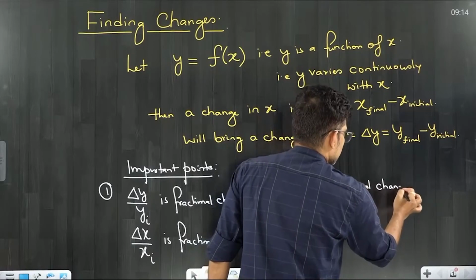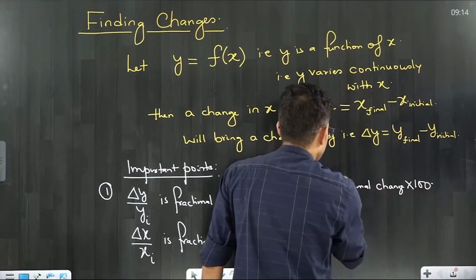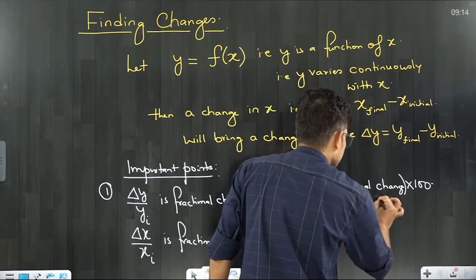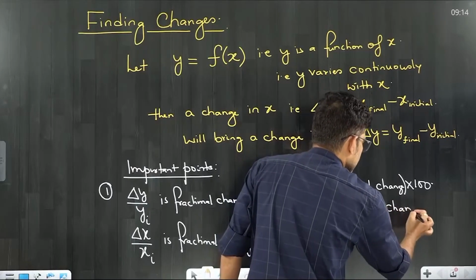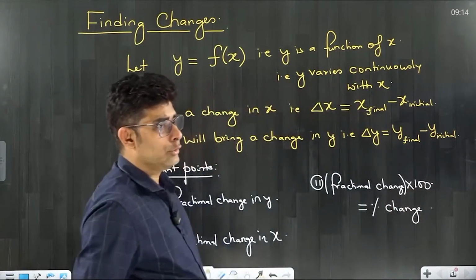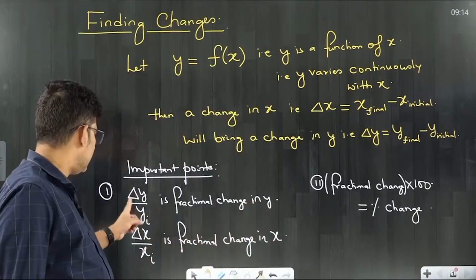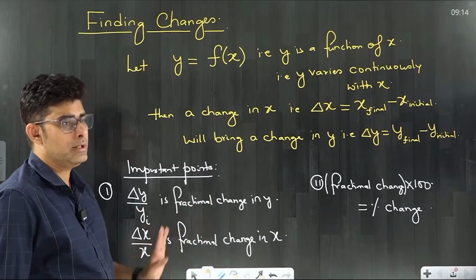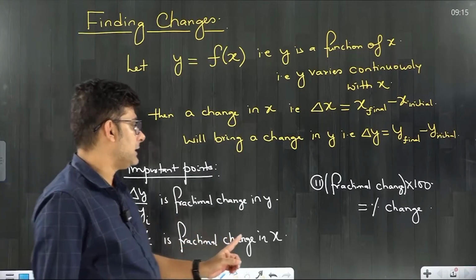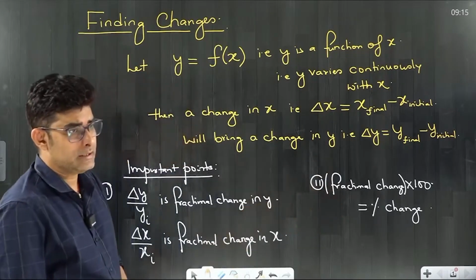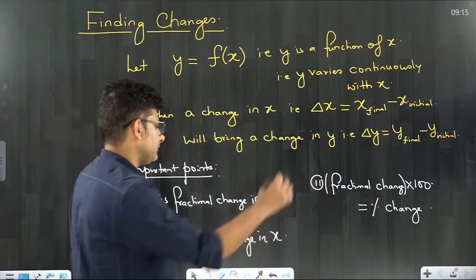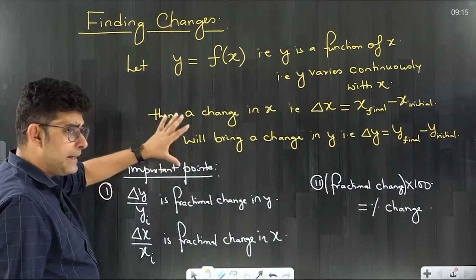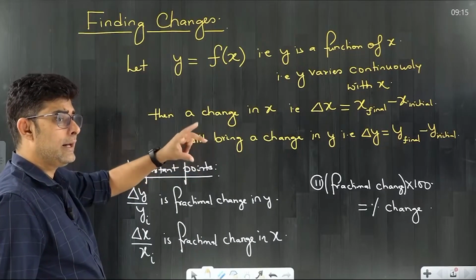Next thing, whenever you multiply fractional change by 100, what you get, we call it as percentage change. So whenever they ask you what is the percentage change in y, you will say delta y by y initial into 100. What is the percentage change in x? Delta x by x initial into 100. So fractional change multiplied by 100 gives you percentage change. One more thing, when we talk of delta y by delta x, it is called rate of change.